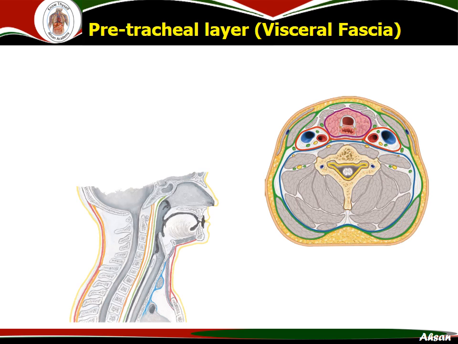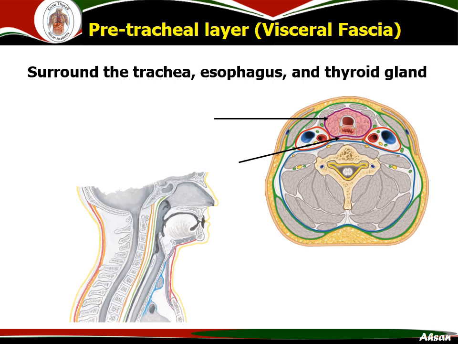Pretracheal fascia, the other name is visceral fascia, and I prefer to indicate it as visceral fascia. This is the anterior part of the visceral fascia, and this is the posterior part. Many times together, this fascia is also known as pretracheal fascia. This surrounds the trachea, esophagus, and thyroid gland.